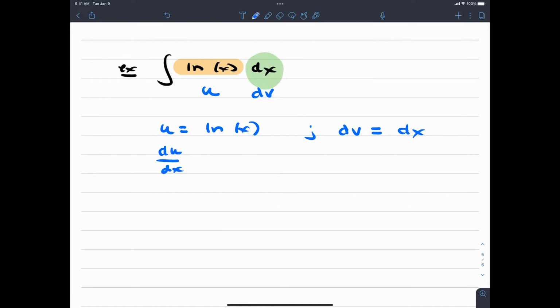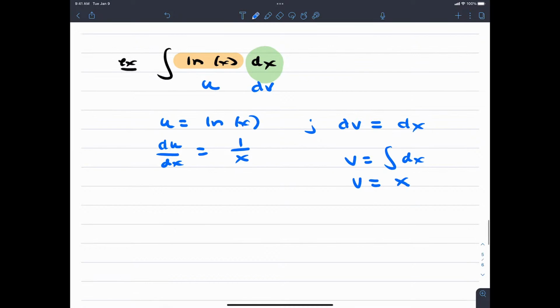You say, why does that make sense? Because now that means v is the integral of just dx, which means v equals what? X, ladies and gentlemen. Okay. Now, what's du dx? Isn't that 1 over x? So you got to know the derivative of natural log. Okay, now remember, you're really solving for du.